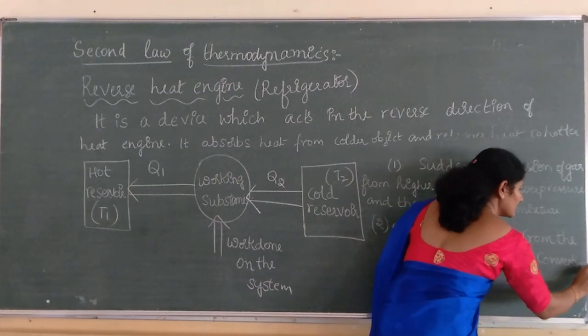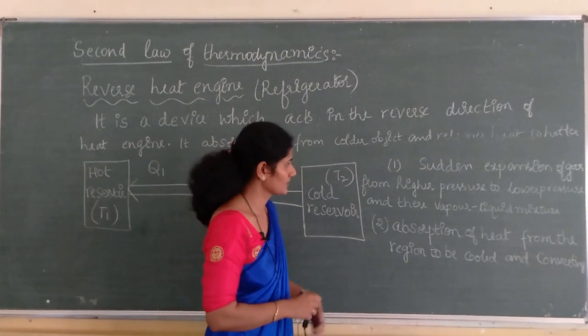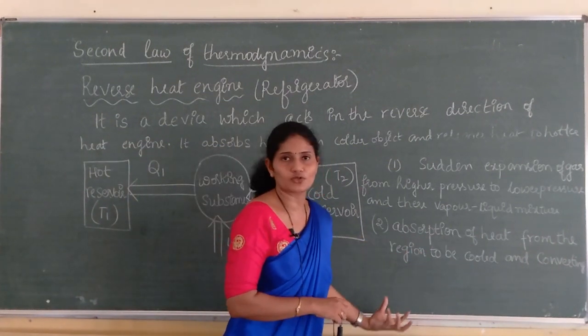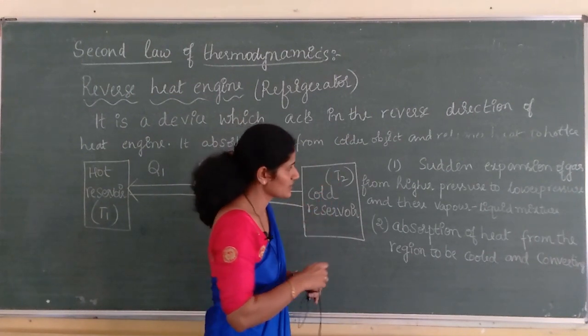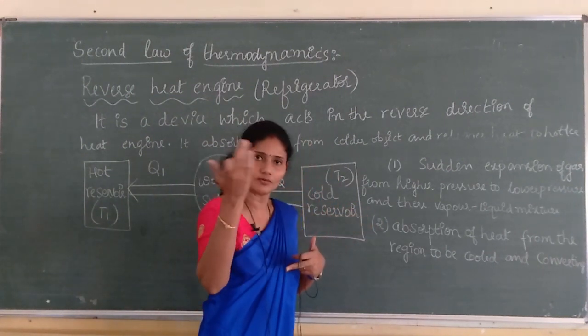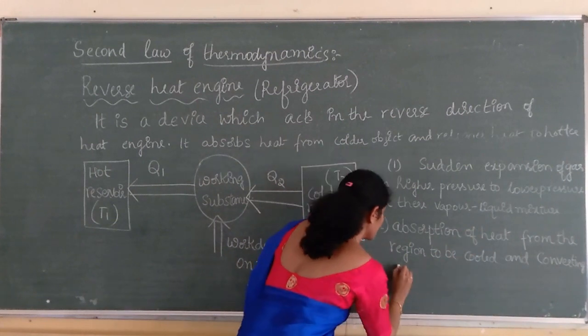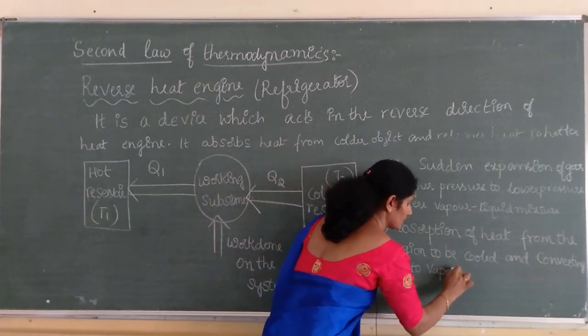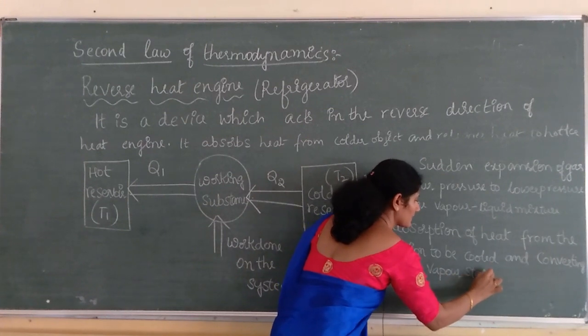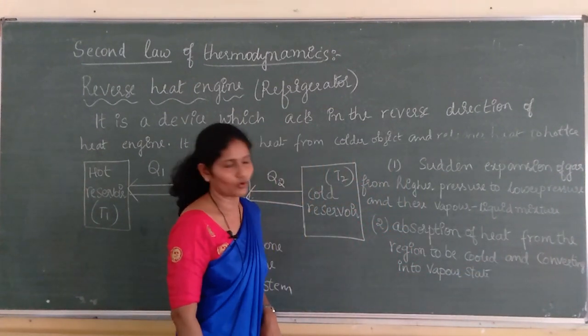On absorption of heat from the food, its temperature again increases. So, from vapor liquid mixture to vapor state. This is the second process involved.